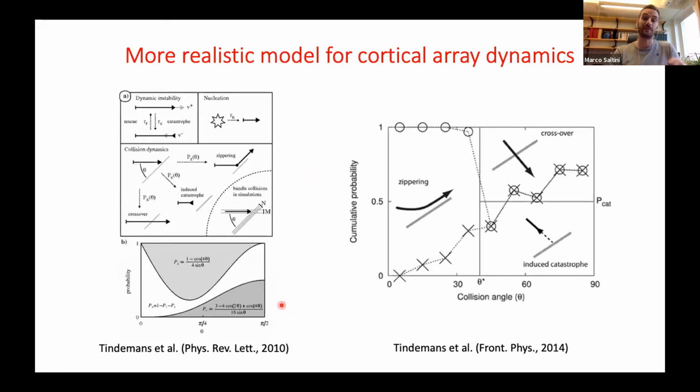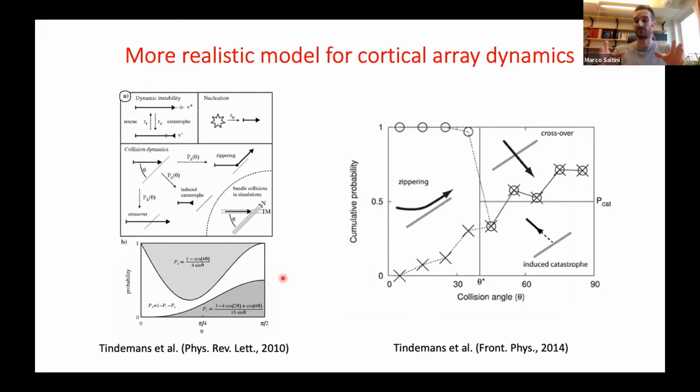And interestingly enough, a computational framework that includes all the possible repertoire of interactions between microtubules, such as real crossovers between microtubules, catastrophes induced by cell shape, or zippering, already exists.